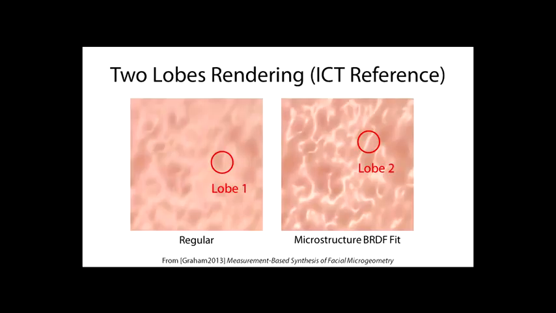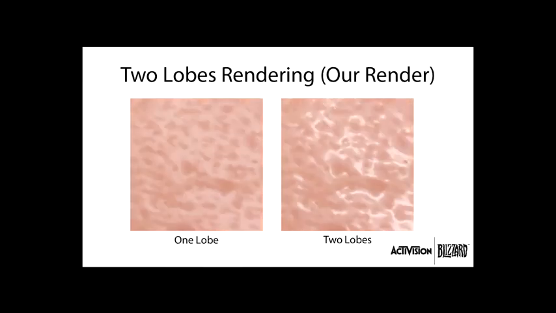resembles the final result. So for me, one of the key contributions of this paper is that it reveals the importance of having two specular lobes for rendering skin. They obtain the lobe parameters using fitting techniques, but we managed to get similar results by visually adjusting them. So here you have the fit that they obtain, and this is what we are doing.